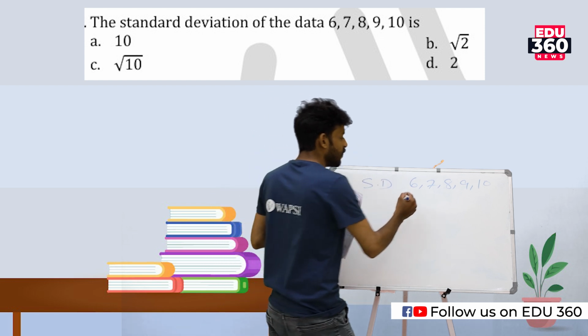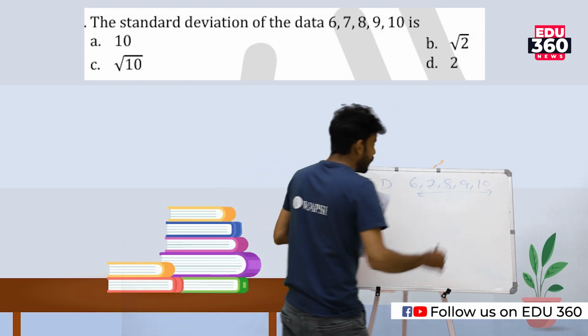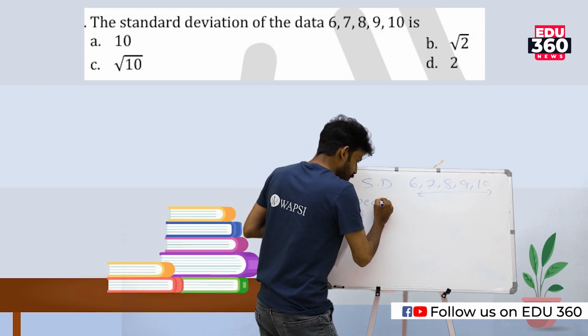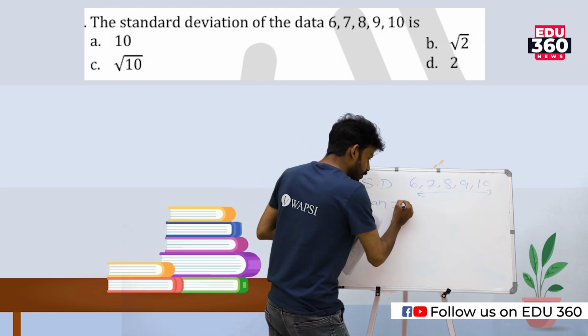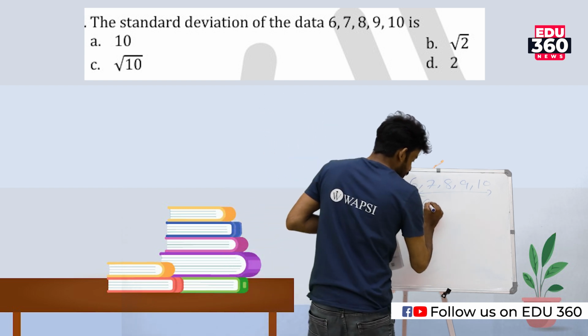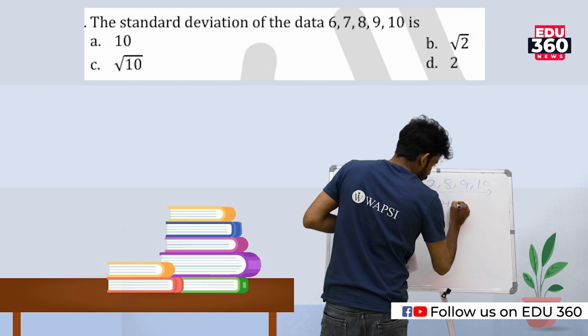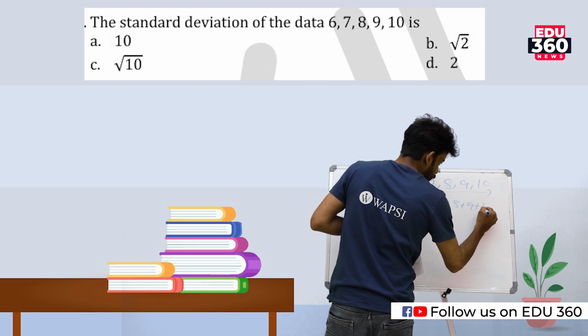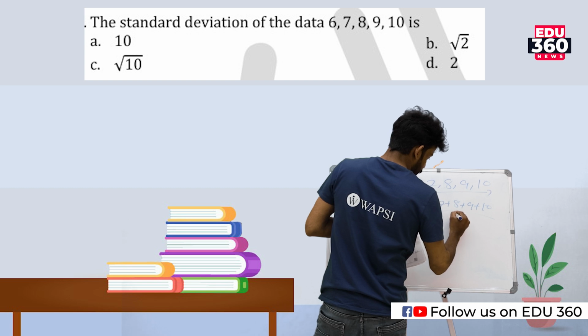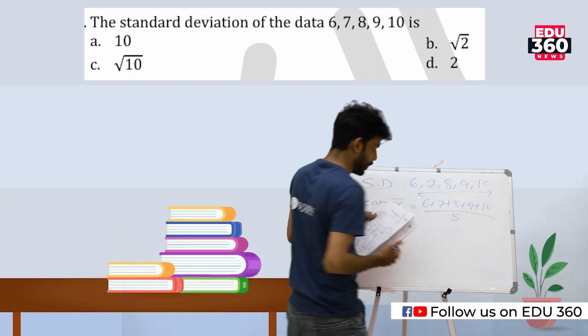So first of all, from the given data we can find the mean. The mean is represented by x bar, so that is equal to, just add this, 6 plus 7 plus 8 plus 9 plus 10 divided by the number of terms. How many terms are there? Yes, 5 terms, divided by 5.